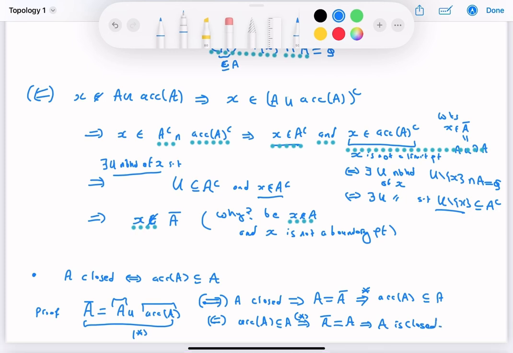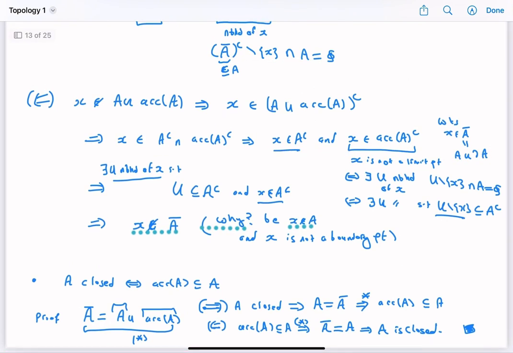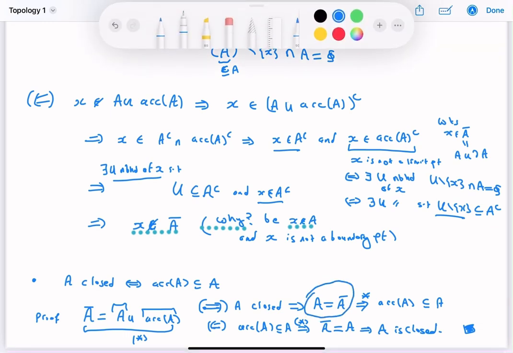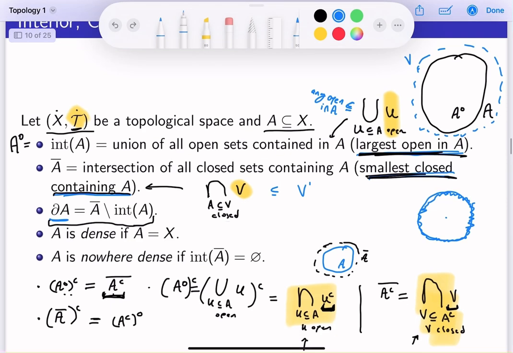Alright, so this finishes the proof of this proposition, and it's an important one. It's an important classification of closed sets. So I used something here. I used that A is closed if and only if A is equal to A bar, but that's trivial. In fact, A is open if and only if A is equal to the interior of A. And of course, this is trivial by the very definition of closure and interior, right?